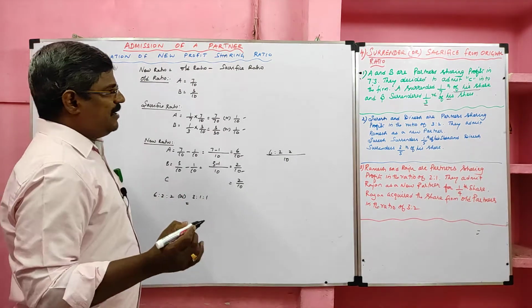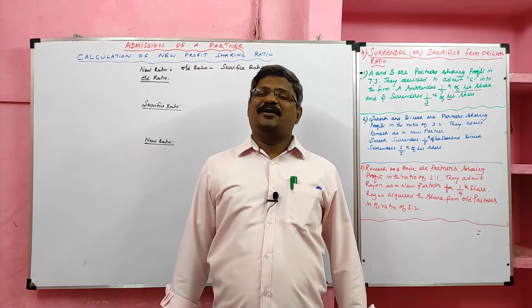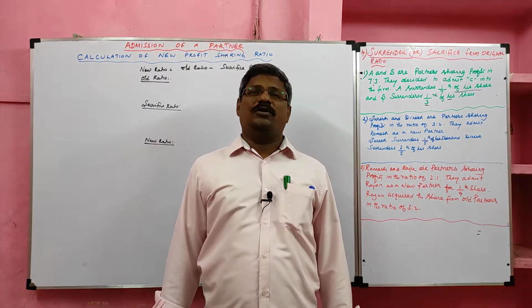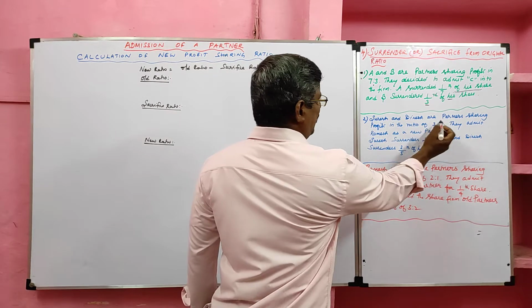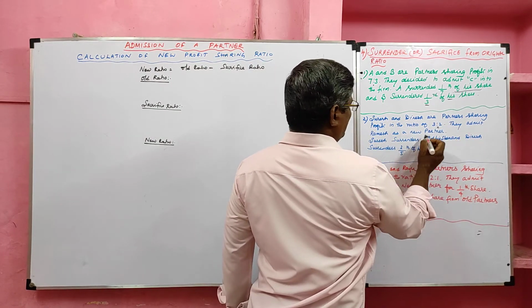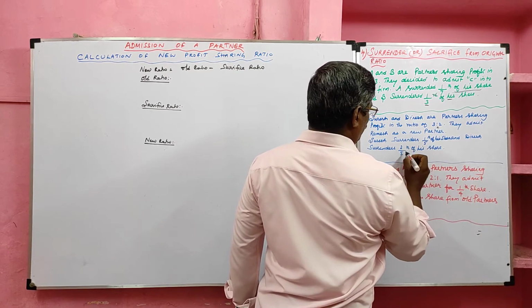Yes, students. Next, look at the second problem in relation to surrender or sacrifice from original ratio. Suresh and Dinesh are partners sharing profits in the ratio of 3:2. They admit Ramesh as a new partner. Suresh surrendered 1/5 of his share. Dinesh surrendered 2/5 of his share.